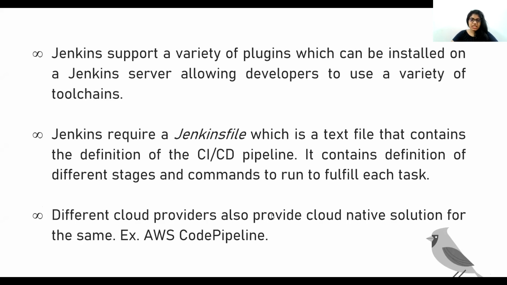Jenkins requires a special file named Jenkinsfile, which is a text file that defines different stages of the pipeline. It also lists different commands required to perform each stage. Different cloud providers like AWS, Azure also provide cloud native solutions for the same. AWS CodePipeline is one of the examples.